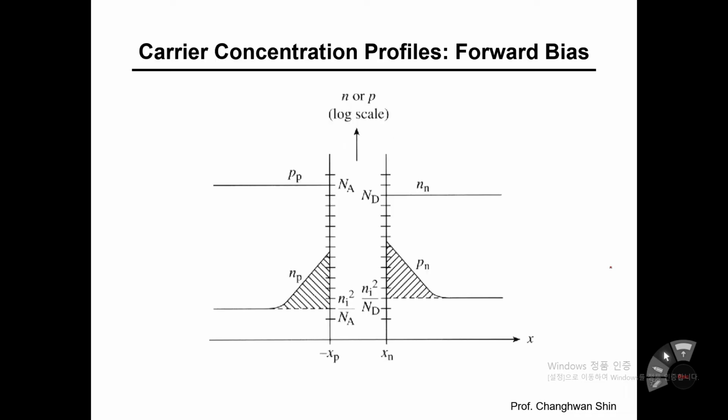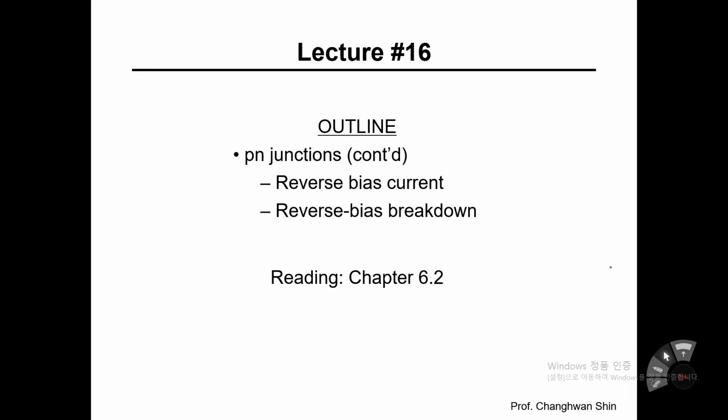All right. So before moving forward, before taking a look at the carrier concentration profiles given in this slide, please go back to the first page of this lecture note and think about how electrons and holes are distributed under forward bias.